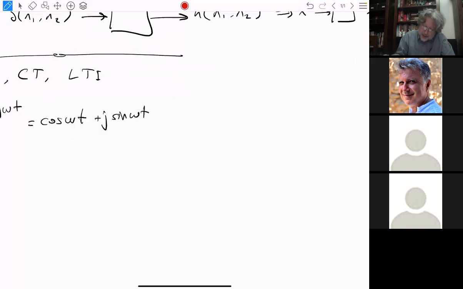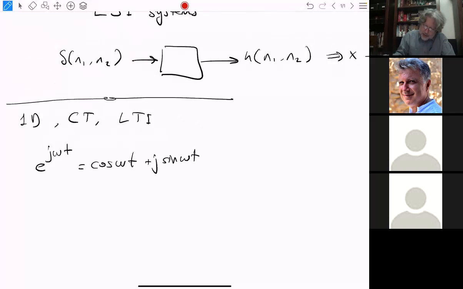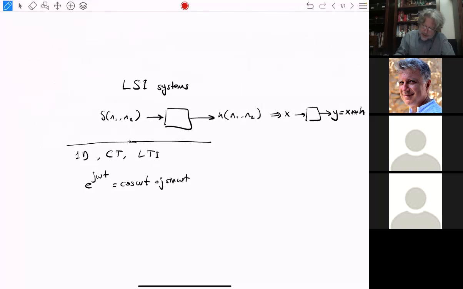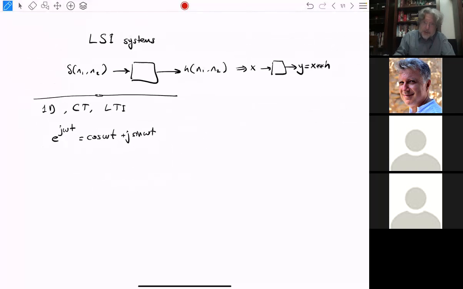But the issue that we are going to address now is what happens if I input this to this system, right? This is something that we have briefly mentioned. And we know that the output is, what was it?